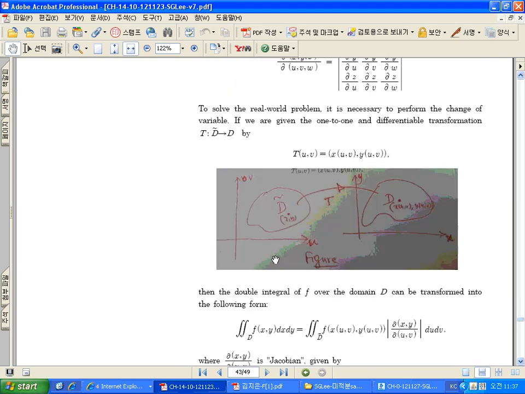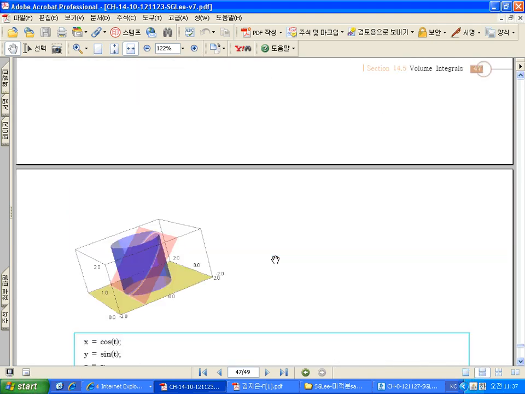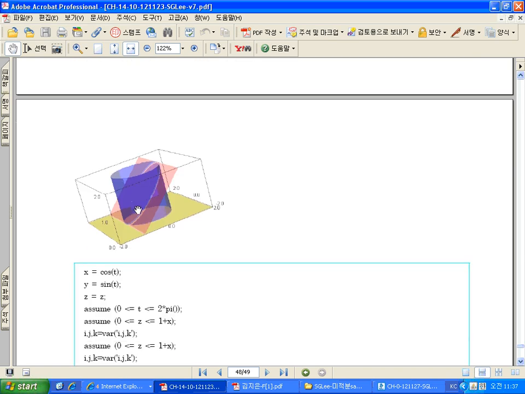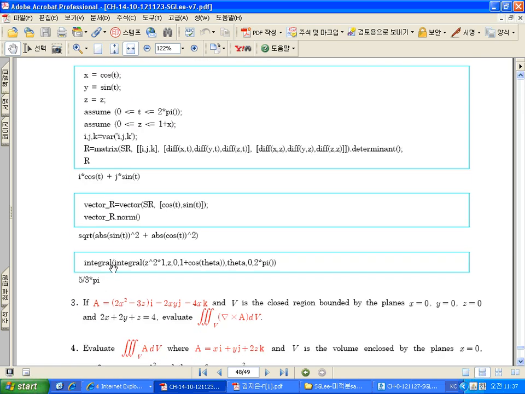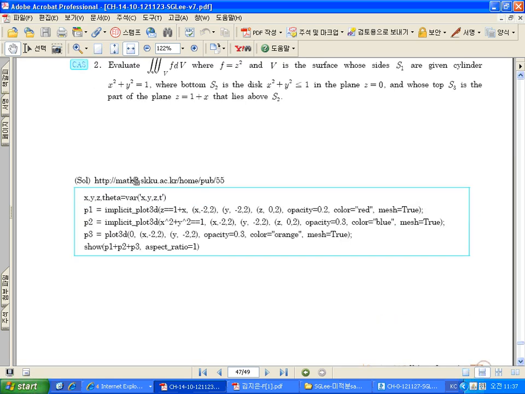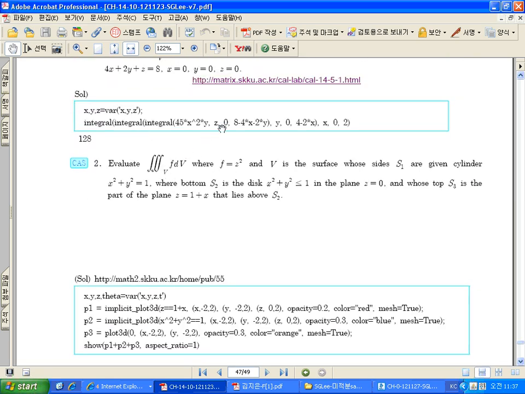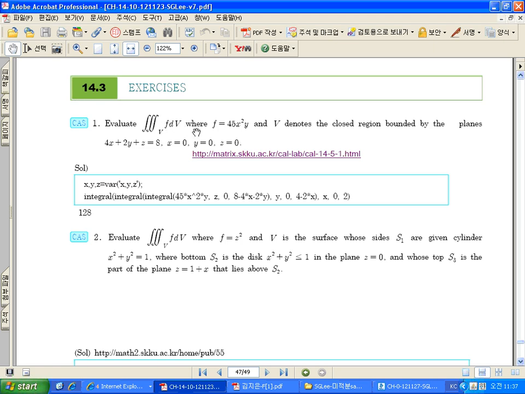But now when you solve it, if you want to find the integral value, so you want to do the triple integration of these given functions that you used to do by hand.